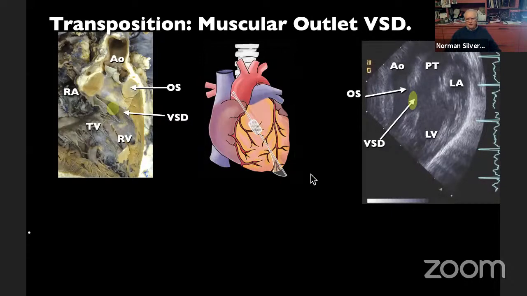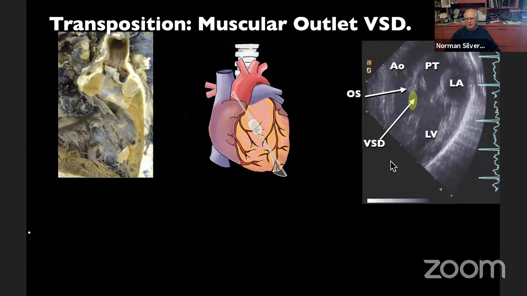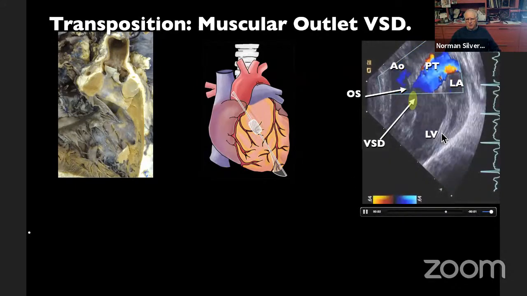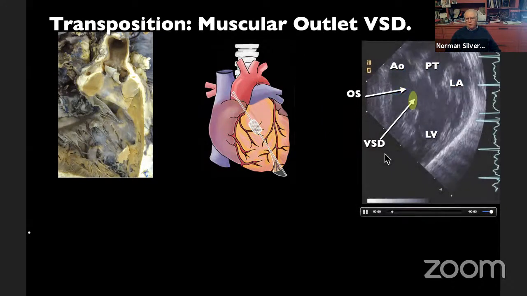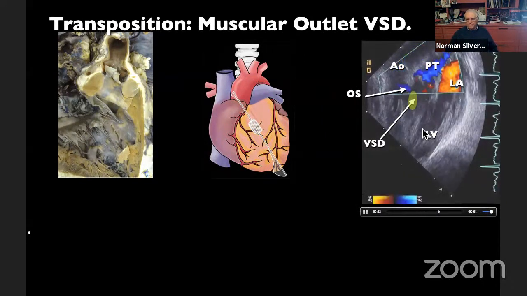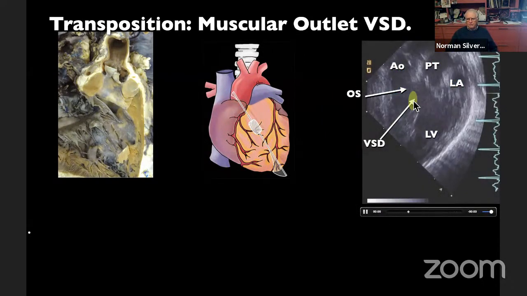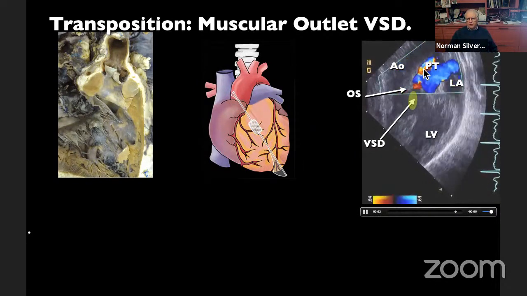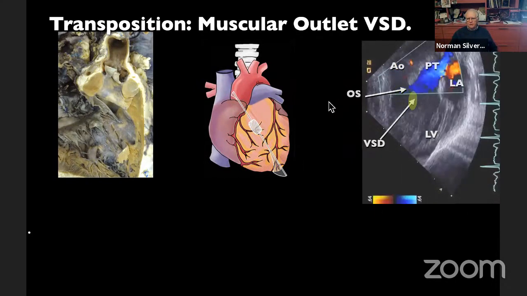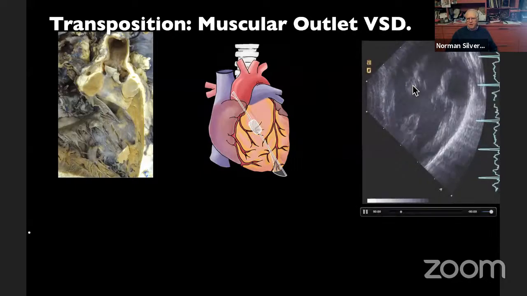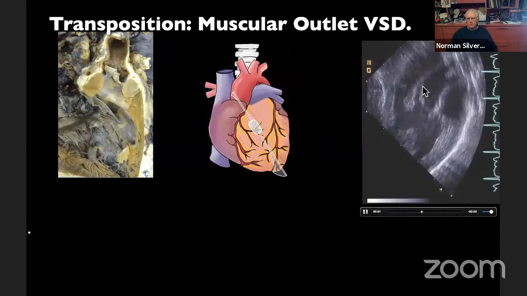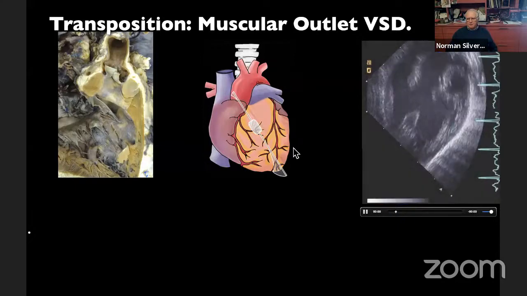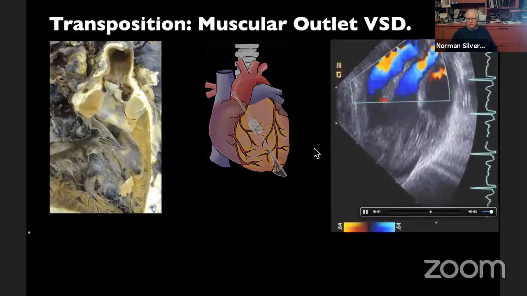And here we see the membranous defect, and here we see on the echo, which I've rotated round so that it compares. This is a parasternal long axis view rotated on its side to show the ventricular septal defect with the pulmonary and aortic trunks, and the outlet septum over here slightly anteriorly deviated and bringing the pulmonary artery to override both great vessels.